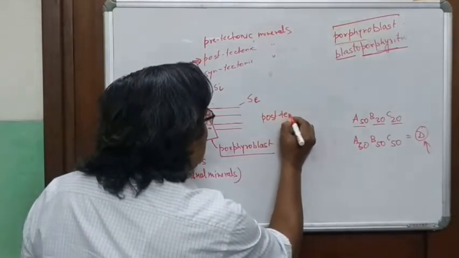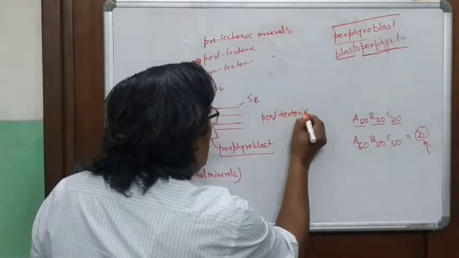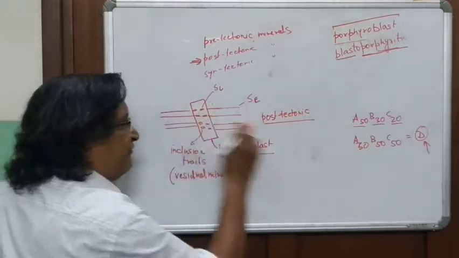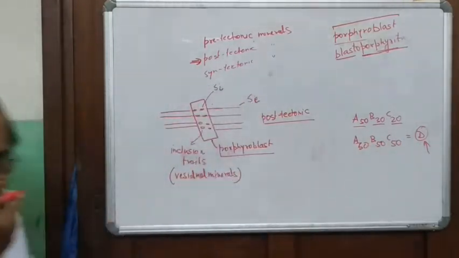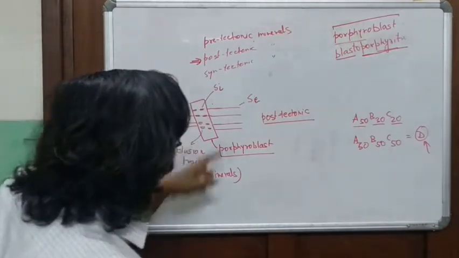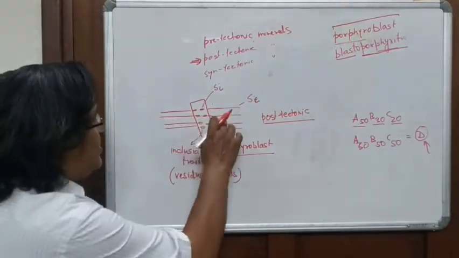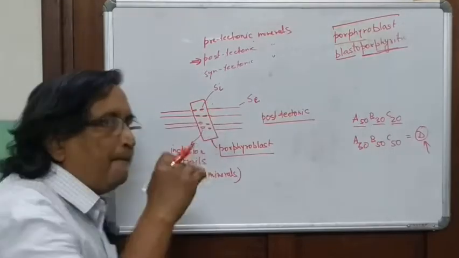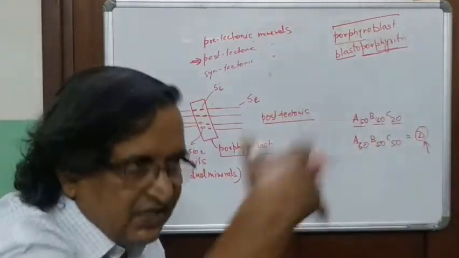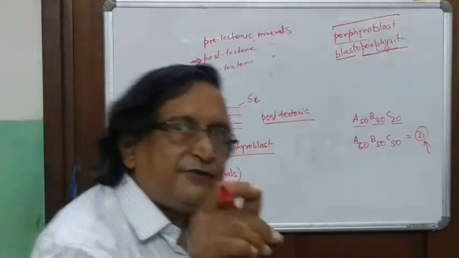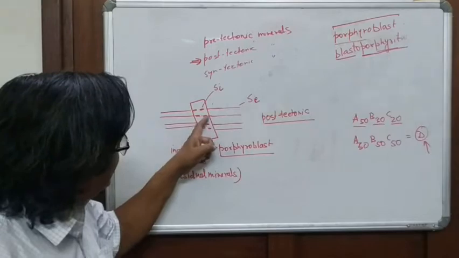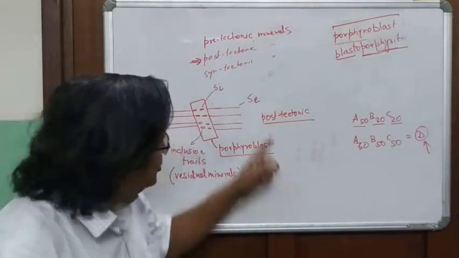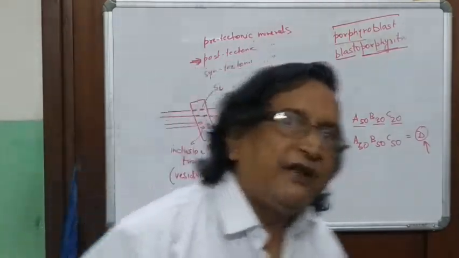So this is a classic example of post-tectonic growth of D through a reaction between A and C. That porphyroblast grew after this fabric, which means the mineral growth post-dates, is later than, this fabric. That gives you a time frame. So this mineral is younger than this fabric. This is what is called a post-tectonic fabric.